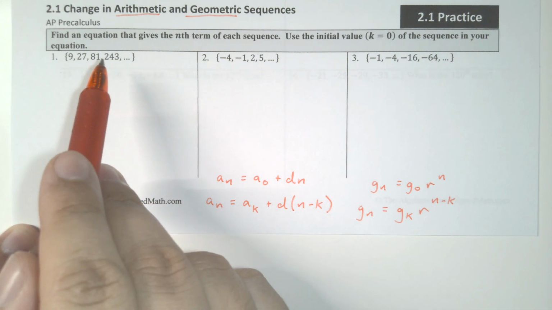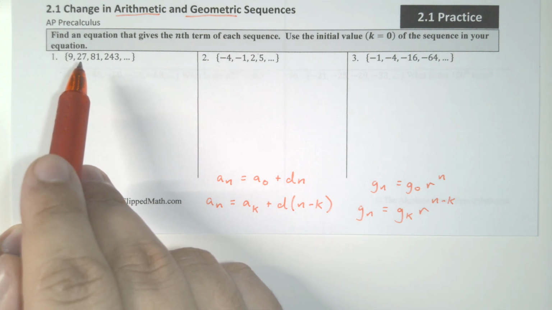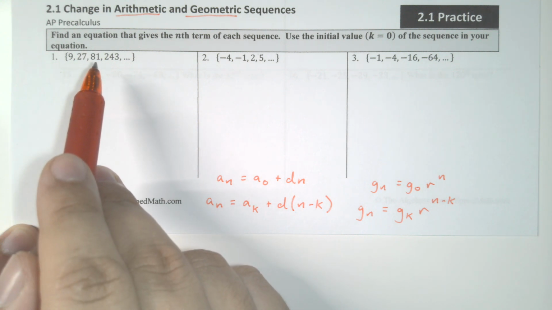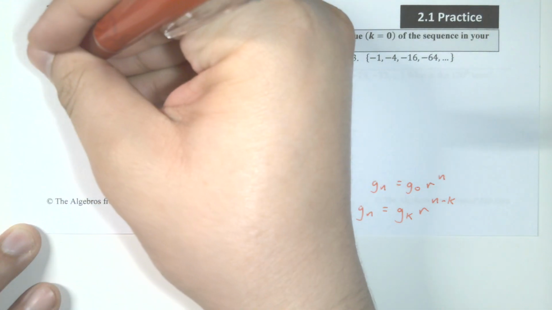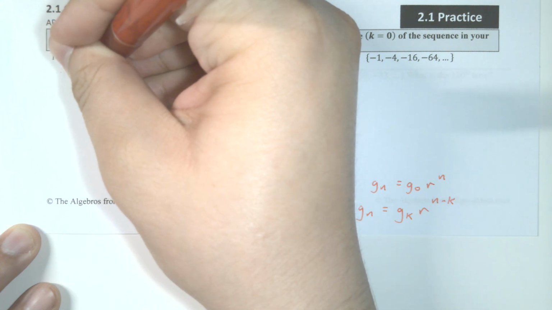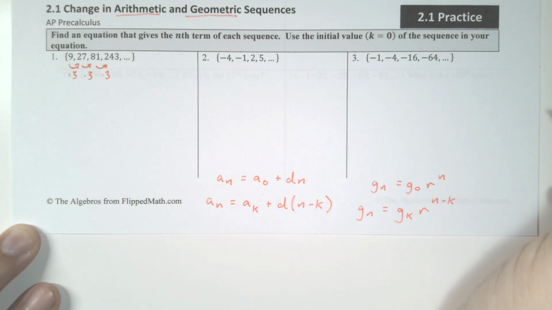However, are we multiplying by some common number? Well, 9 times 3 is 27, and 27 times 3 is 81, and 81 times 3 is 243. So we definitely have a geometric sequence, because every time we are multiplying by 3 to get to the next term.